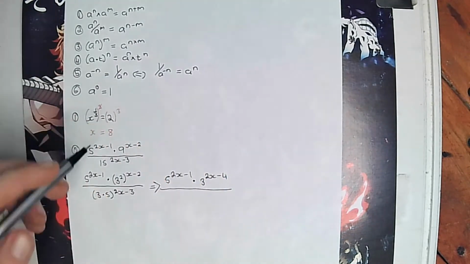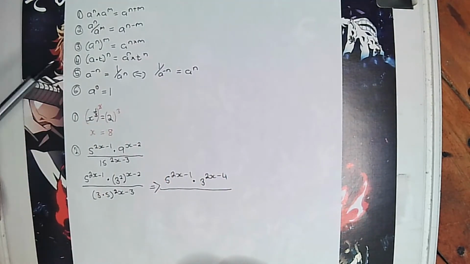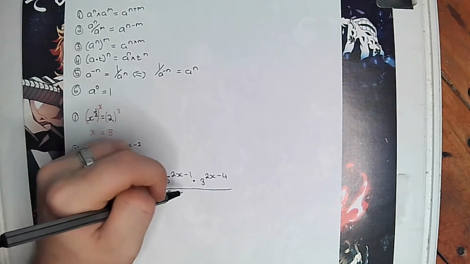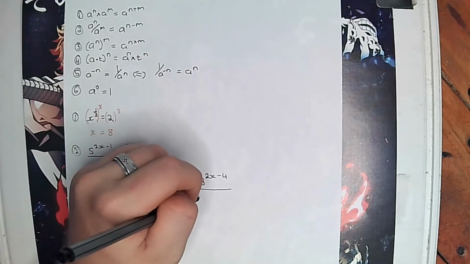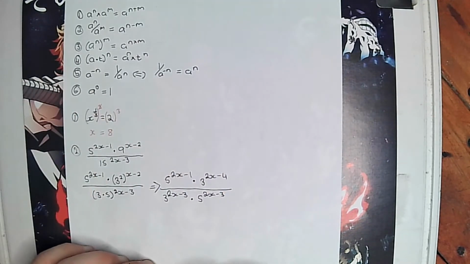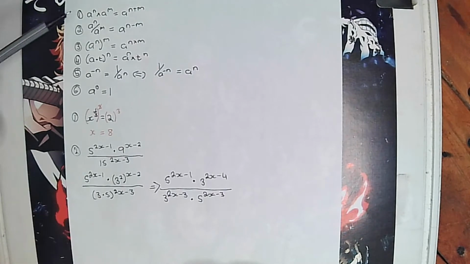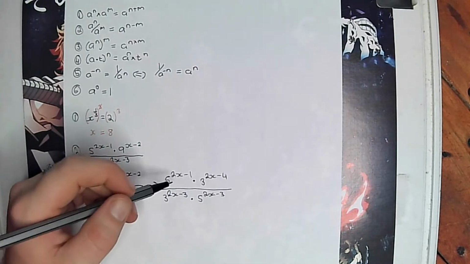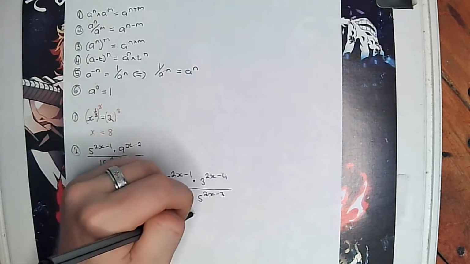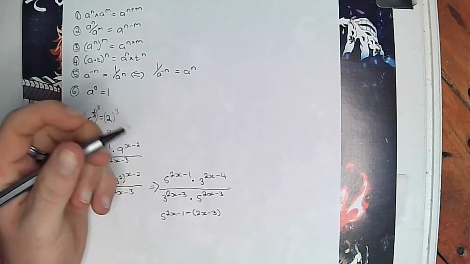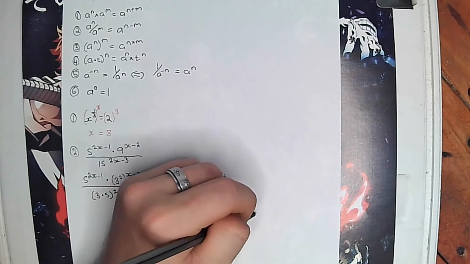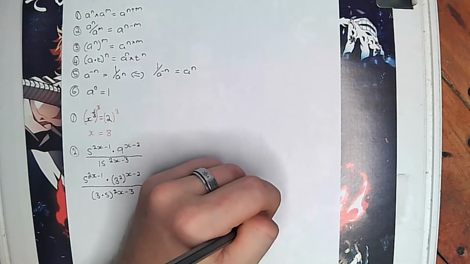And if we look at this law, we can apply it here. So that becomes 3^(2x-3) multiplied by 5^(2x-3), right? And then we're going to apply this law. So let's look at 5 first. So 5^((2x-1)-(2x-3)) times 3^((2x-4)-(2x-3)).